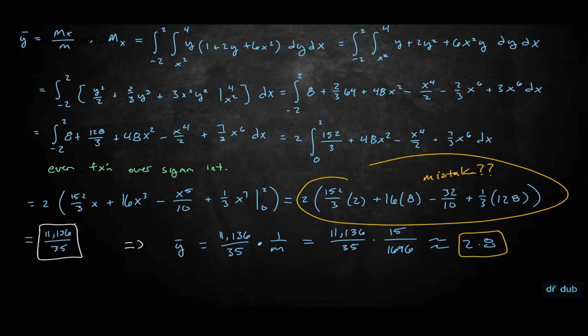Eight plus 128 over 3 plus 48x squared minus x to the 4 over 2.